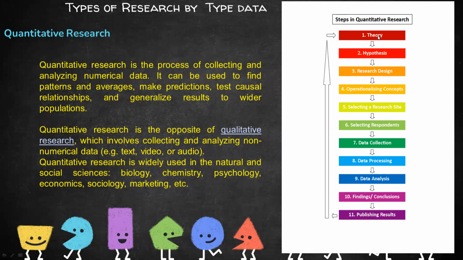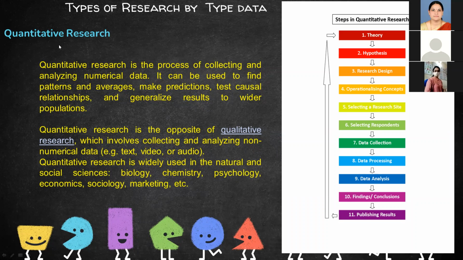Based on theories or assumptions, we make the hypothesis, we prepare the research design, and we operationalize the concepts. We select a research site or field, then select the respondents based on the sample study, collect the data, process the data, analyze the data, and based on the analysis and interpretation, we write the findings and conclusion. So this is called quantitative research.